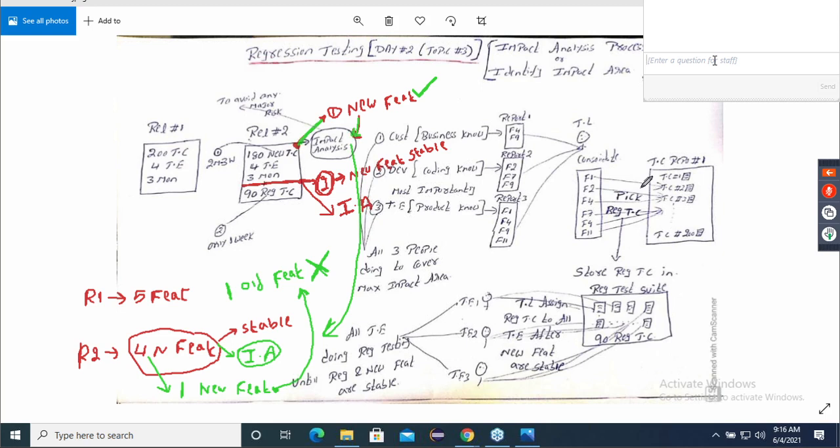Before. Correct? Before starting the business only, I will sit and think. Oh, how much I should invest? Is it really worth or not? Which is the best place to start? Which is the best time to start? With how many people I have to start? Correct?